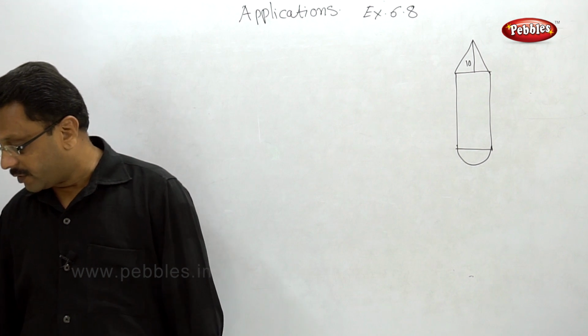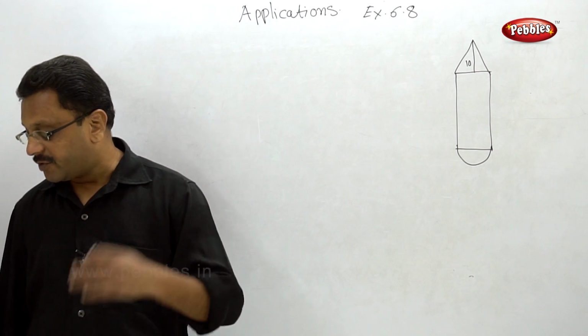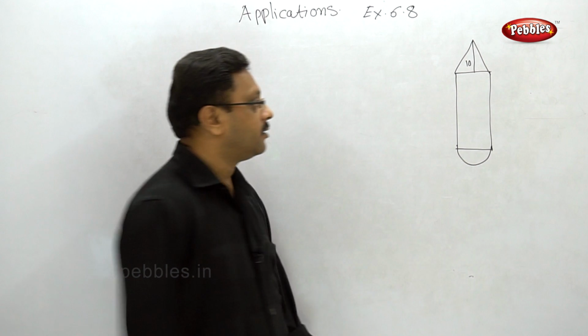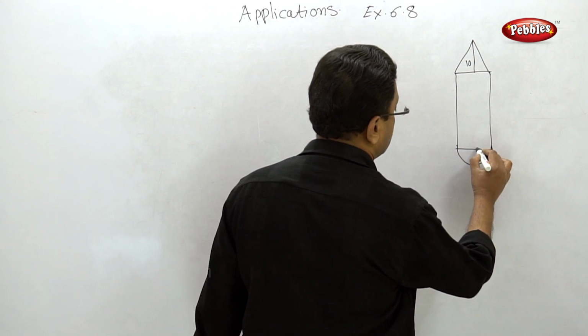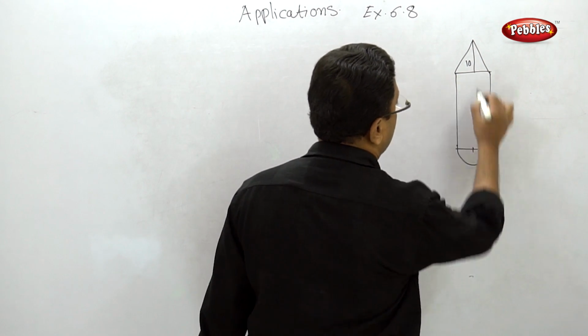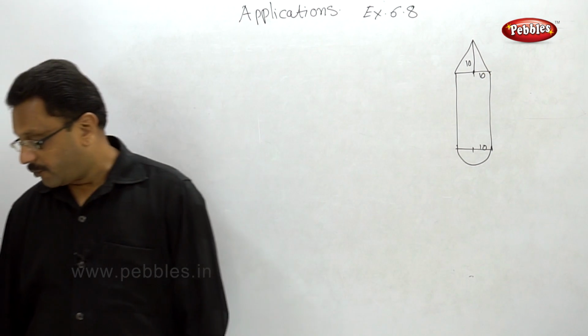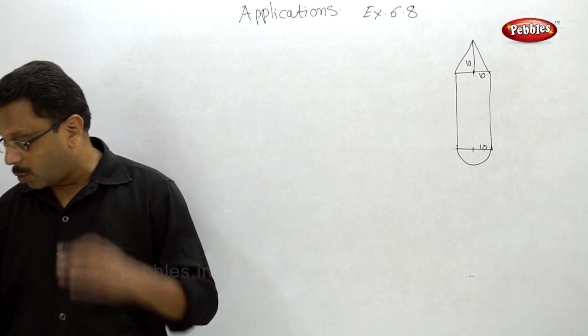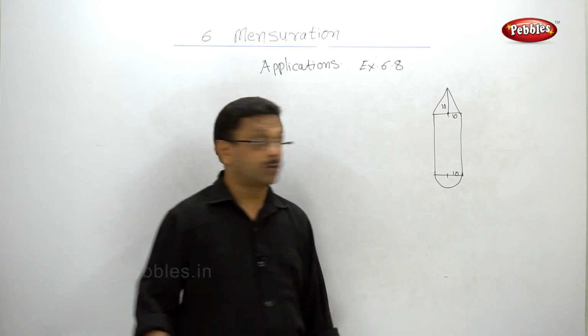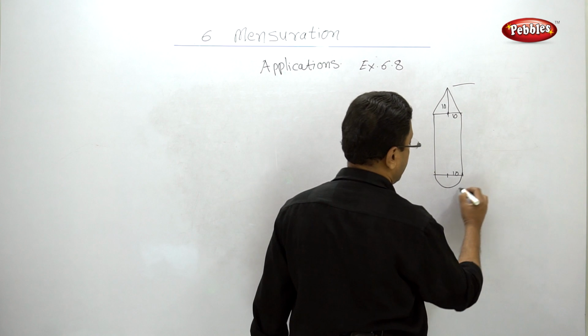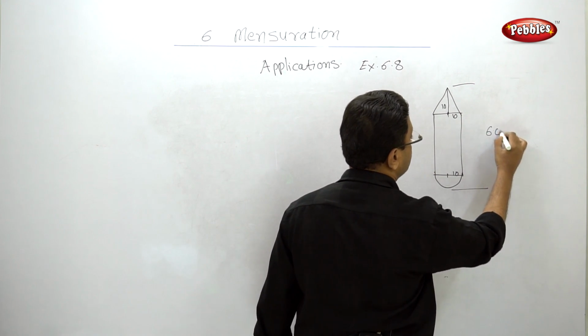They have already given that the cylinder, hemisphere and cone have radius 10. That means this is 10 and this radius is also 10. Further they say that the total height is 60 centimeters. The total height means from this end to this end is 60 centimeters.